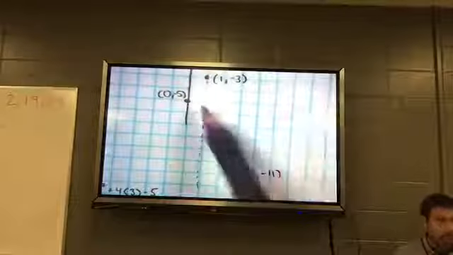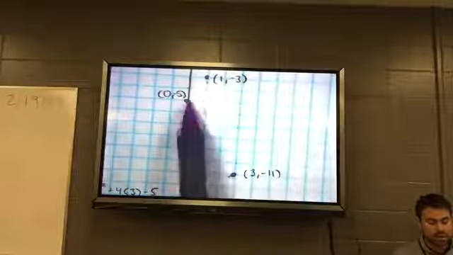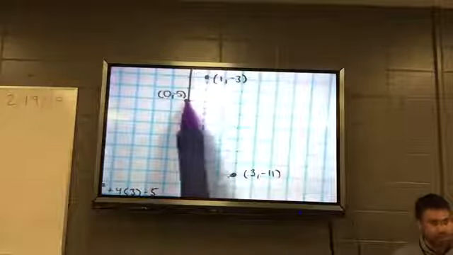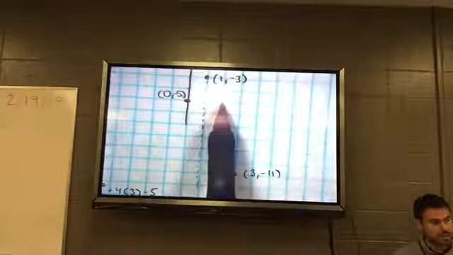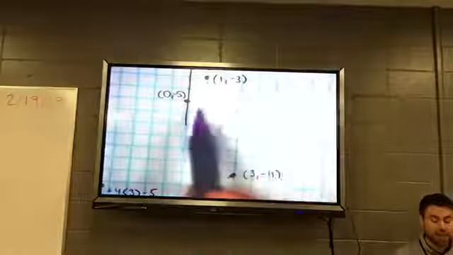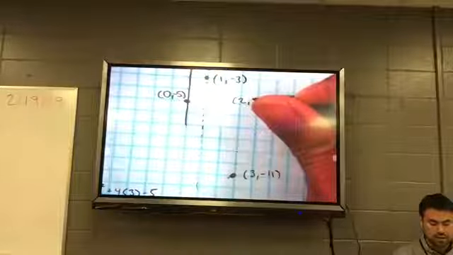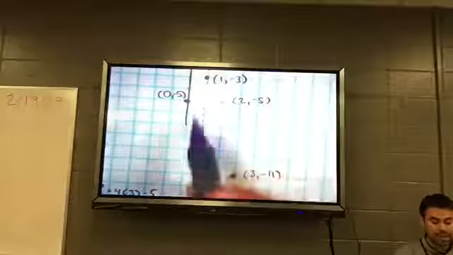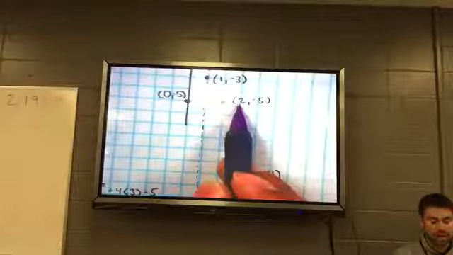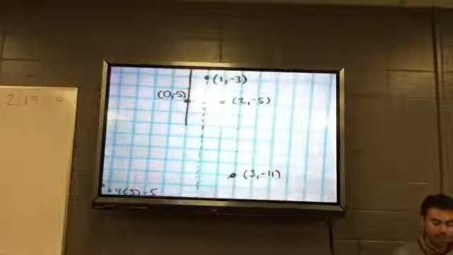All right, Marissa, this is why I picked these points. You notice how this point is 1 away from the axis of symmetry? How much will it be away from the opposite side? 1 away. So it goes right there. By the way, this point is 2, -5. If I would have picked 0 and 2 for my x values, I would have only gotten these 2 points, and then I wouldn't have been able to get the right shape.